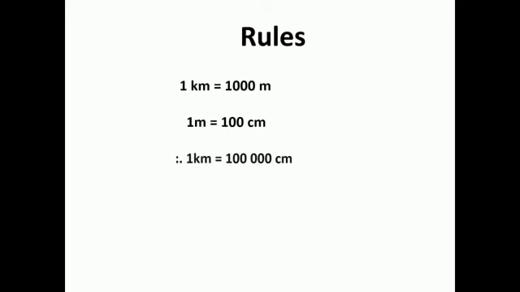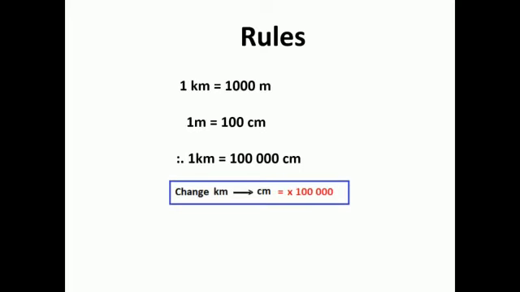So first of all you have to change the unit. 1 kilometer is equal to 1000 meter and 1 meter is equal to 100 centimeter. Then we have to combine them: 1 kilometer is equal to 100,000 centimeter.